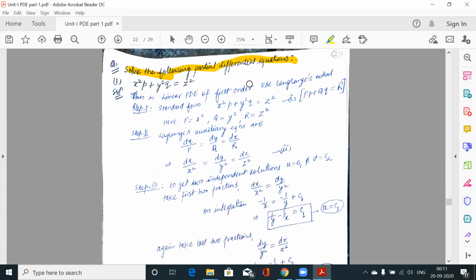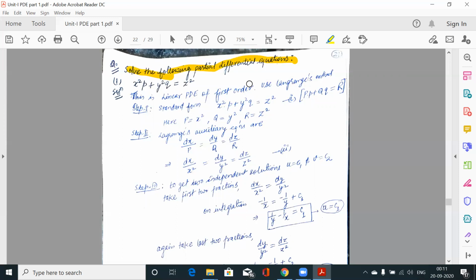So you may notice here that you will not be asked to solve a first order PDE or higher order PDE or first degree PDE. You will simply be asked to solve this PDE, but you need to recognize which type of PDE this is, because we cannot solve every PDE by Lagrange's method. Lagrange's method is available only to solve first order PDEs.